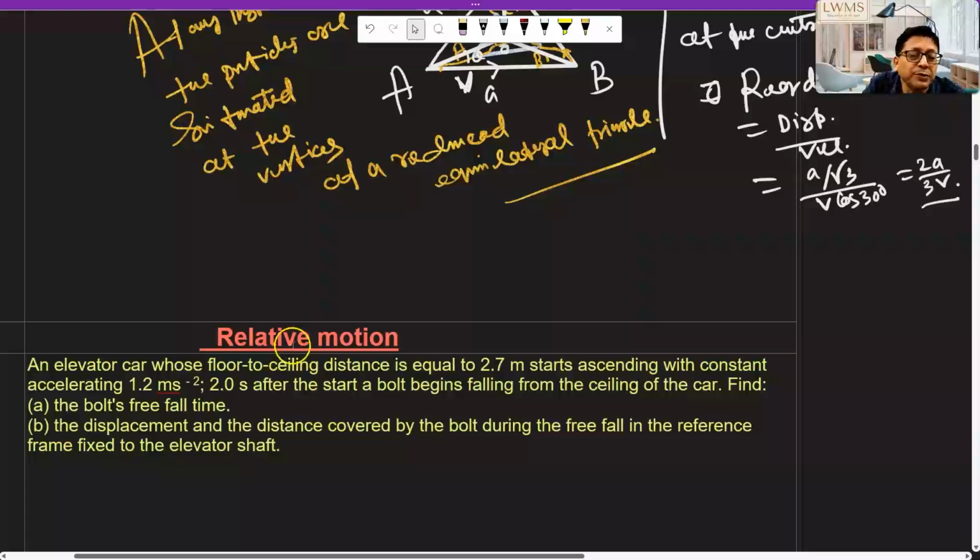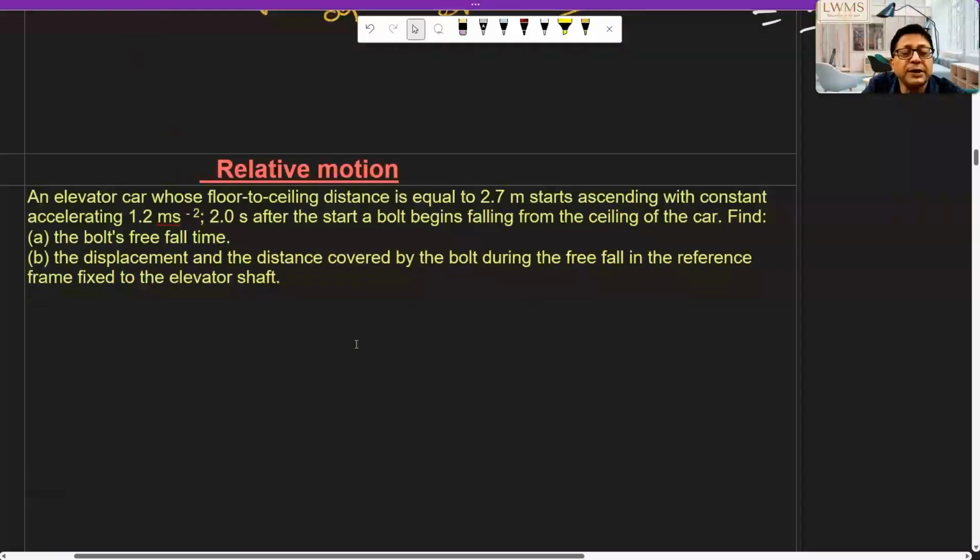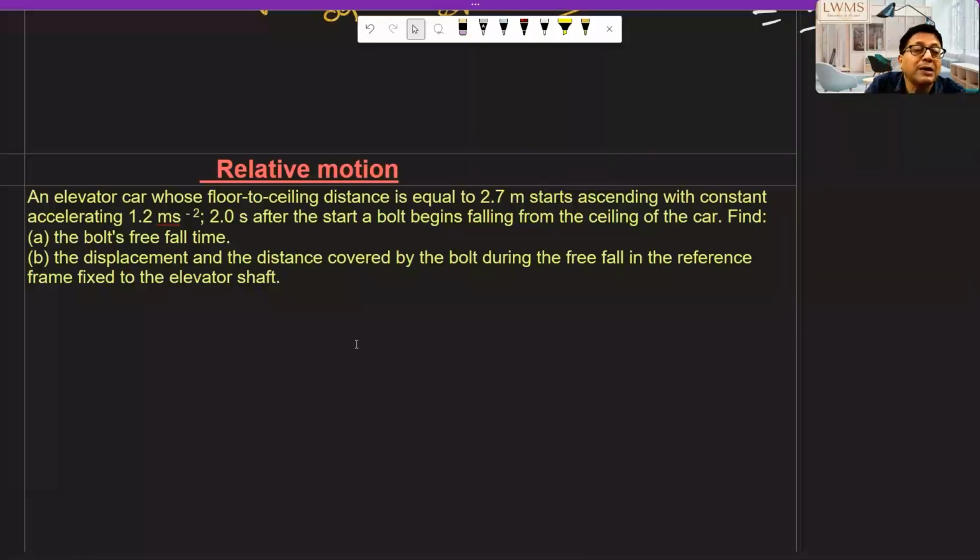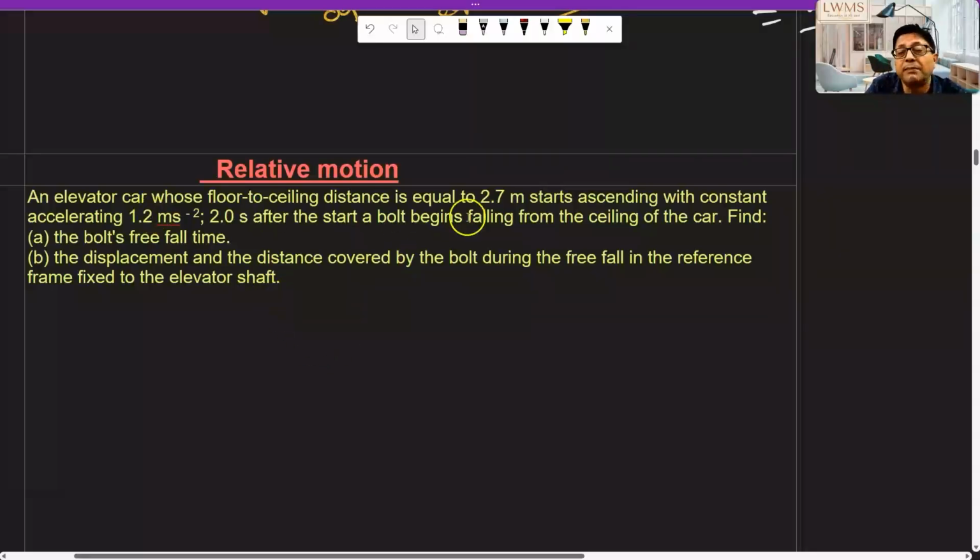Now I am going to show you one relative motion problem. Relative motion, in the main session I have discussed some problems on relative motion, but this kind of problem I haven't discussed before, which is important to revise when you revise the concept of motion in one dimension.